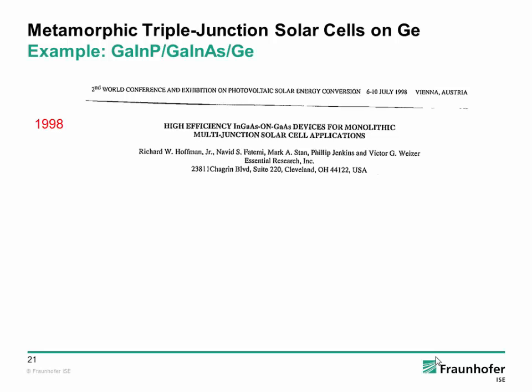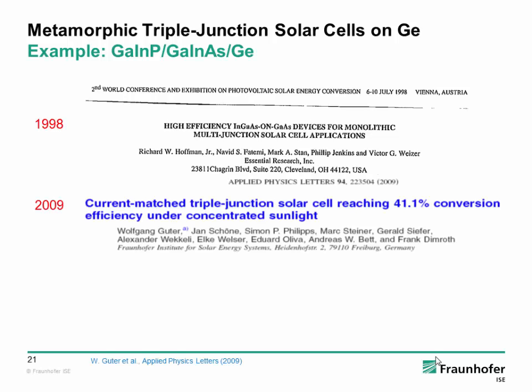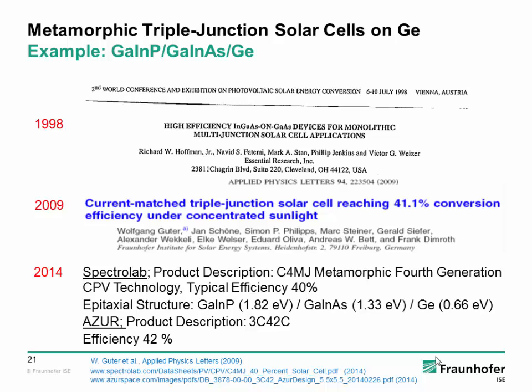And actually this idea is very old. To give this example of metamorphic structures, it was already published before 2000. Then in 2009, Fraunhofer achieved the world record for these metamorphic growth structures. And actually this technology was directly transferred into industry.